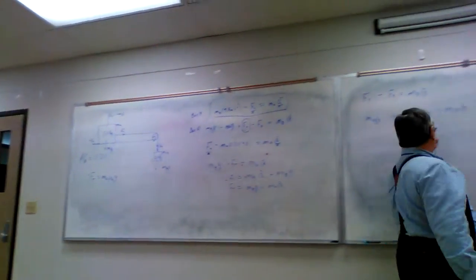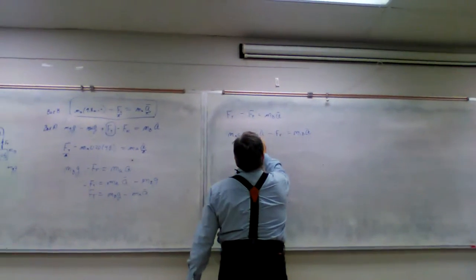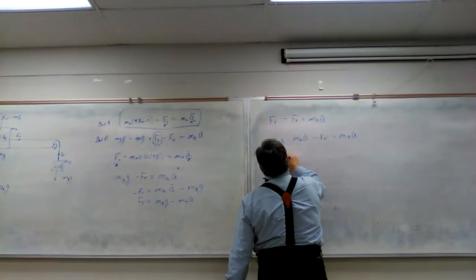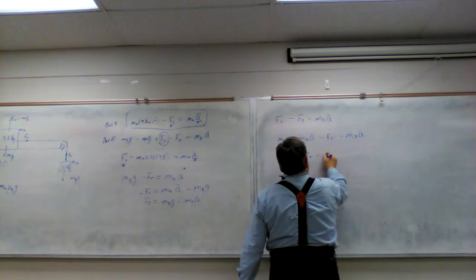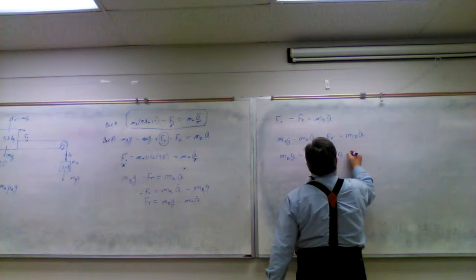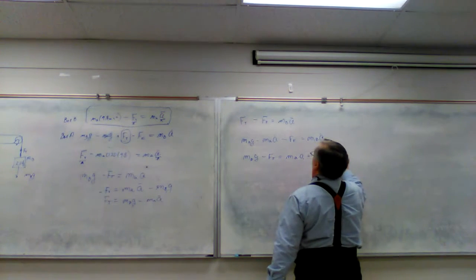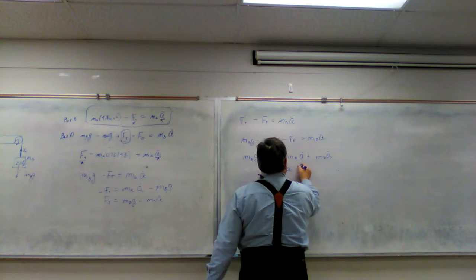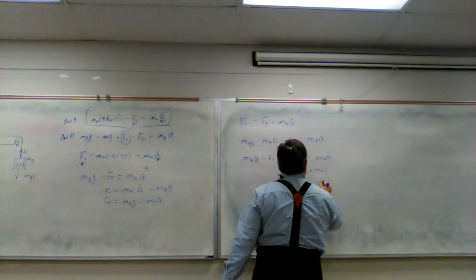So force of friction is not an unknown quantity. So we add mass A times A to both sides, and we get mass B times G minus the force due to friction is equal to mass A times A plus mass B times A, or A times mass A plus mass B.